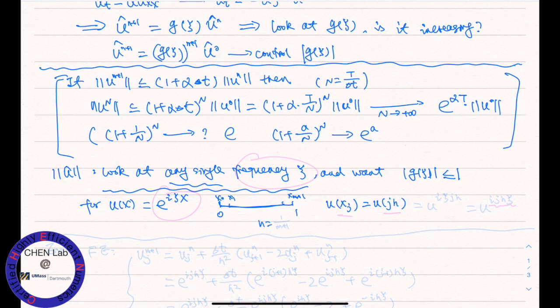So h here is 1 over the number of intervals you use, n plus 1. Okay, u(jh). So for this particular frequency c, the u of jh is e to the i c times x, where x is jh.